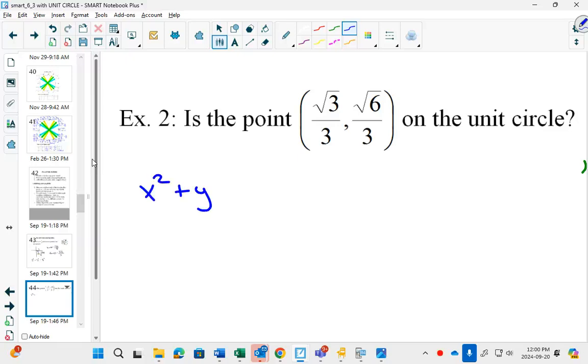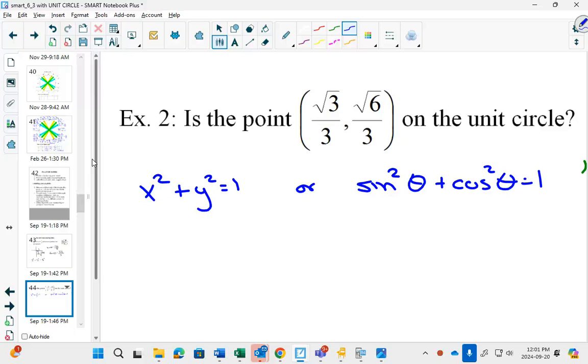The equation of the unit circle is this, or we could use the big idea that sine squared theta plus cos squared theta equals 1. If it's on the unit circle, then this is cos theta and this is sine theta. That only works if it's on the unit circle. And if it's on the unit circle and that's cos theta and that's sine theta, then squaring them and adding them up has to equal 1.